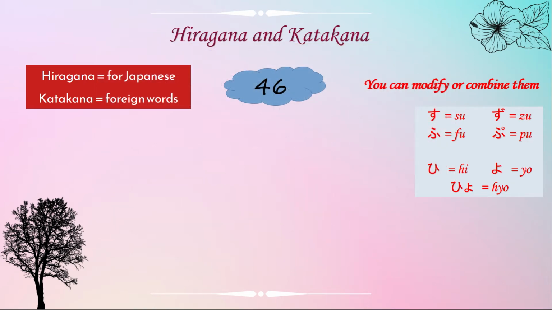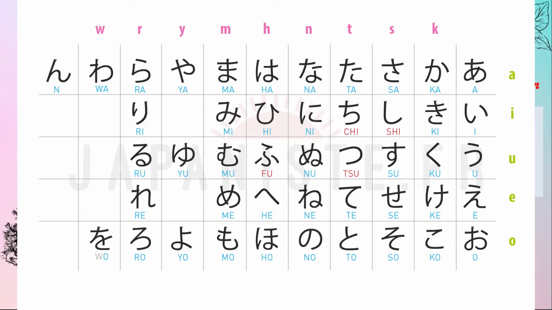So to take a closer look at it, here is, for example, a hiragana chart. And you see that, as I told you, it's a syllabary, which means that in our languages we use letters. So consonants are separated from vowels and you combine consonants with vowels. But in Japanese, it doesn't work like this.